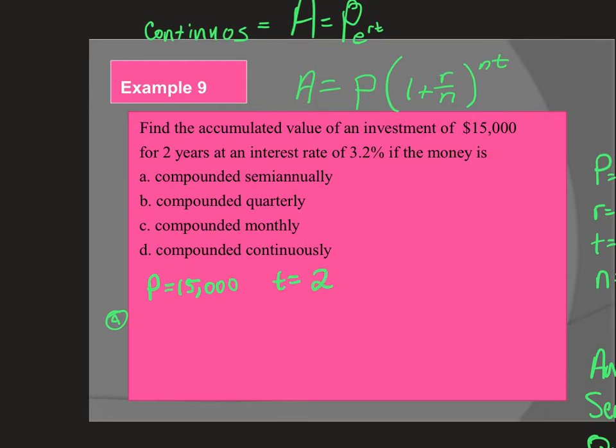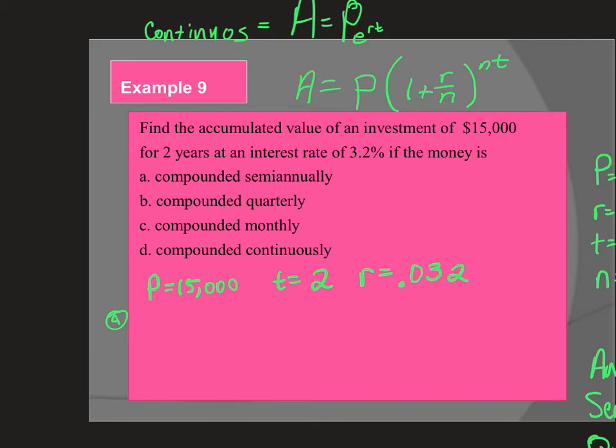It's 2 years. Interest rate, that's R, of 3.2%. Guys, that is not a decimal. That's a percentage. What is the interest rate as a decimal? 0.032.